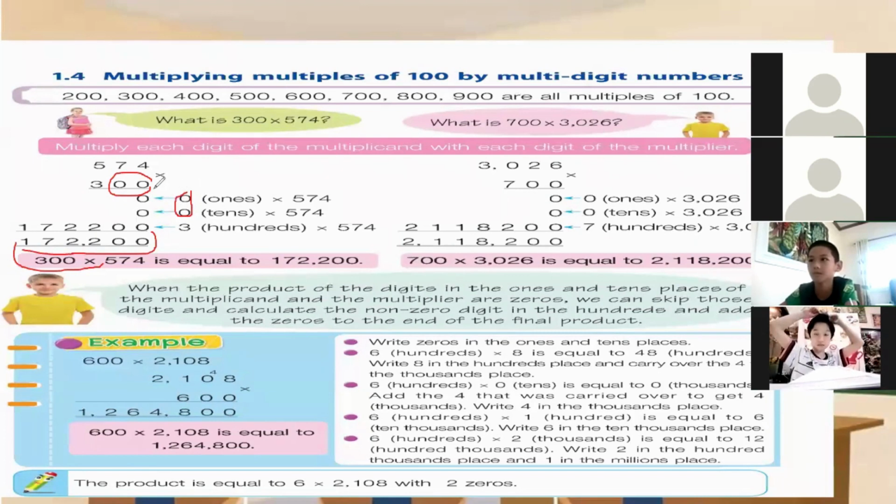So we are going to skip that and we just write down 2 zeros, 1 zero at the place 1 and another 0 at the place 10. And then we calculate the place 100 with the place 1, then again the place 100 with the place 10, and then followed by the place 100 by 100. So we get the product 172,200. Okay, students, you understand that?